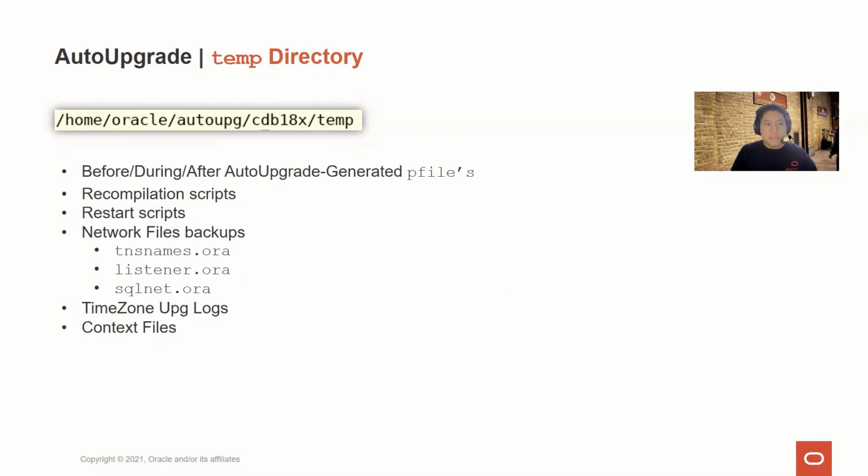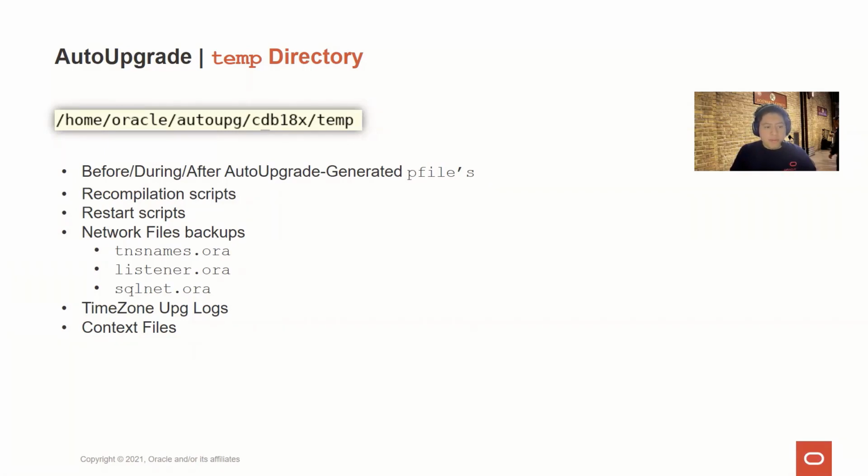Another interesting directory is the temp directory folder. The temp directory folder is the place where the AutoUpgrade will save some files that are created and or modified by it. In this directory, you will find the before, during, and after upgrade files that are created by the AutoUpgrade. And also you will find some files that are created during the process of the upgrade, like the recompilation scripts and restart scripts.